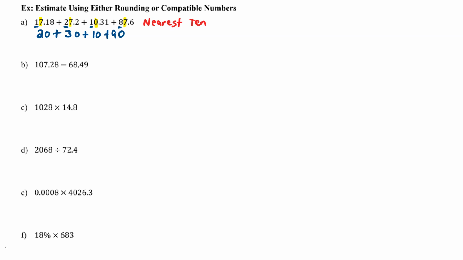Now we can add those values together to get our estimate of 150. With the next example, part B, we're also going to look at rounding to the nearest 10.